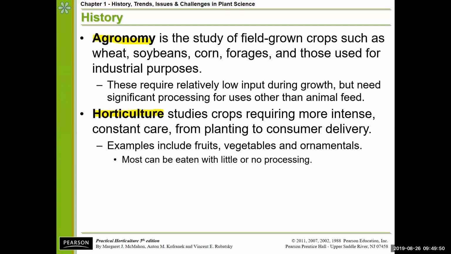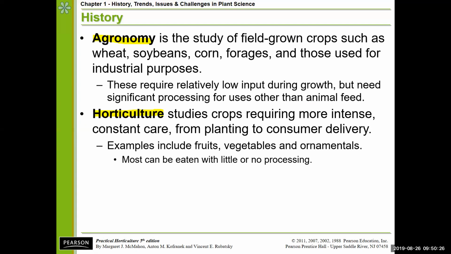Taking a step back here, we're looking at the study of agriculture and also horticulture. We look at the fields of agronomy and horticulture as being different, though I think of them as similar. Agriculture is the umbrella, with agronomy being the field-grown, commodified crops that have lower inputs and are more extensively used.